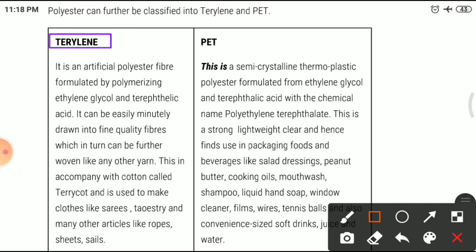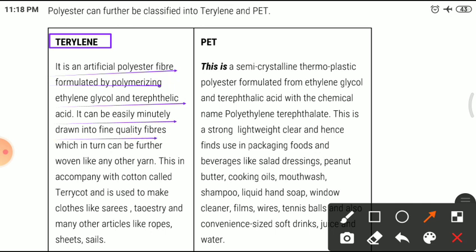It can be drawn into very fine fibers that can be woven like any other yarn. It is an artificial polyester fiber formulated by polymerizing ethylene glycol and terephthalic acid.